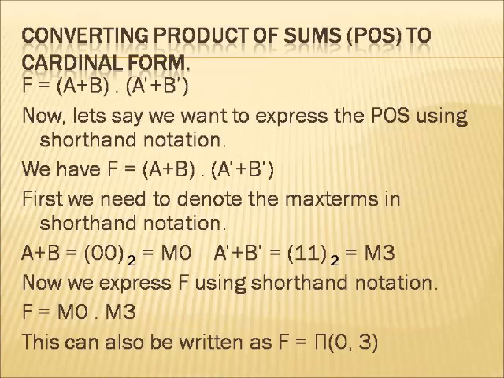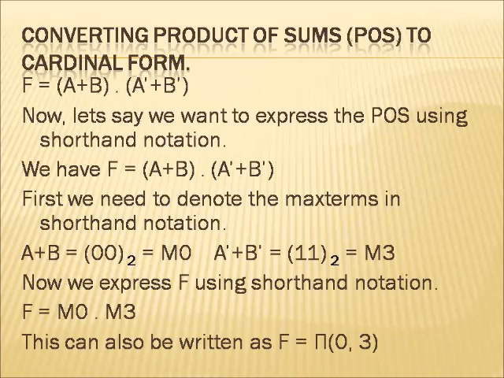Okay, here you can see the product of sums to its canonical form. The given expression is f is equal to (a plus b) dot (a bar plus b bar). So it is the product of two sum terms, that is a plus b and a bar plus b bar. Now a plus b means, we know that in max term a means it is 0 and b means it is 0.